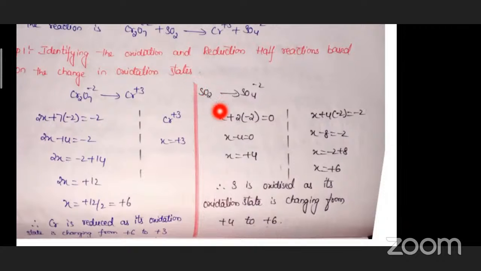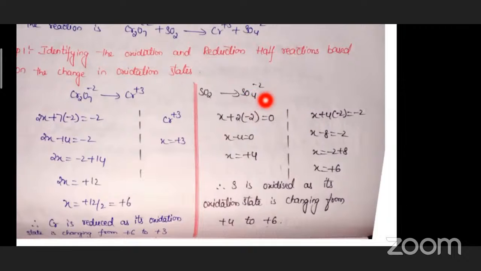So that is the reason we are equating it to 0. This is also one of the rules to calculate the oxidation state. What is the rule? The sum of the oxidation states for a molecule should be equal to 0. So if I am adding the oxidation states of sulfur and oxygen, that should be 0. So we are calculating the oxidation state of sulfur over here. So it is +4.